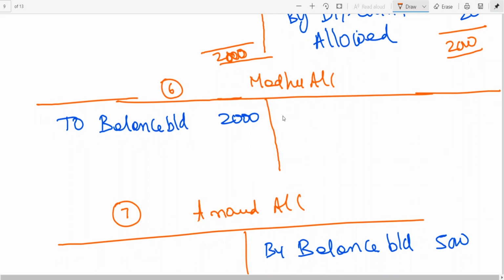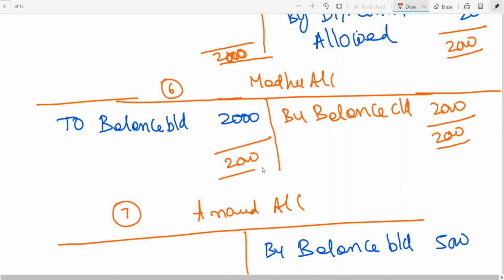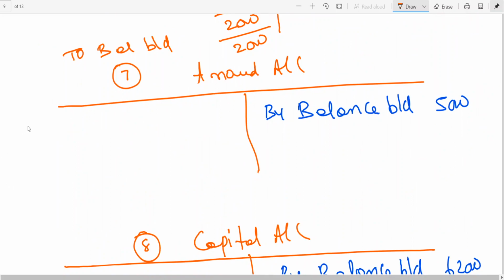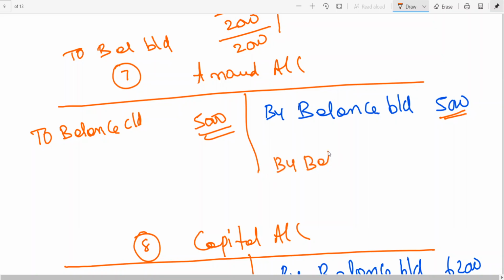Madhu account, debit side is showing more. By balance carry down. Anand account, which side is showing more? Credit side. Credit side is showing more, it shows which balance? Credit balance.